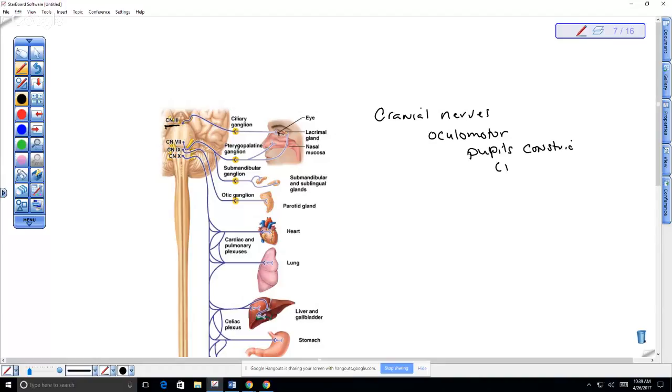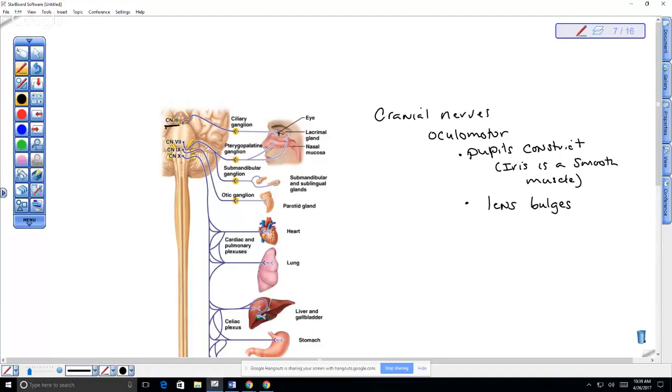Okay, so the iris is a smooth muscle. So pupils constrict and the lens bulges. And when the lens bulges, that means that you're looking at something close up.